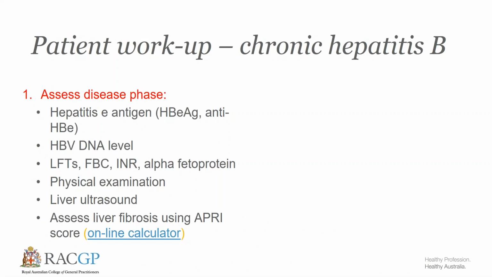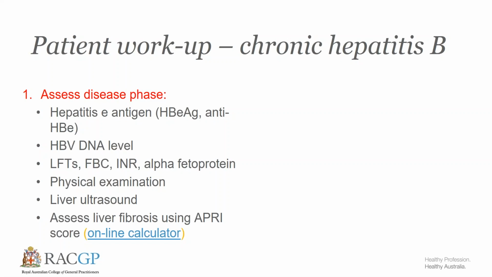So here we're going to talk about the staging of his chronic hepatitis B. So the first thing to do is to assess his disease phase. And to do that, you need to look at his hepatitis E antigen, which is another part of the hepatitis virus that we only test for if we know someone has chronic hepatitis B. We need to order a DNA level, so quantitate how much virus he has circulating.